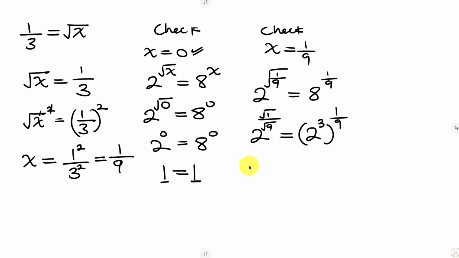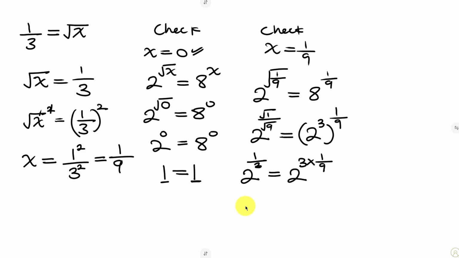So simplifying further, this becomes 2 to the power of, the square root of 1 is 1 all over, the square root of 9 is 3. This is equal to, now we're going to be applying the power rule here. So we have 2 to the power of 3 times 1 all over 9.